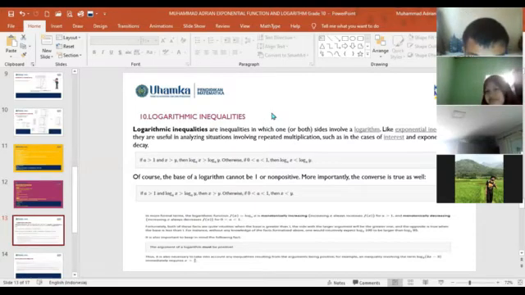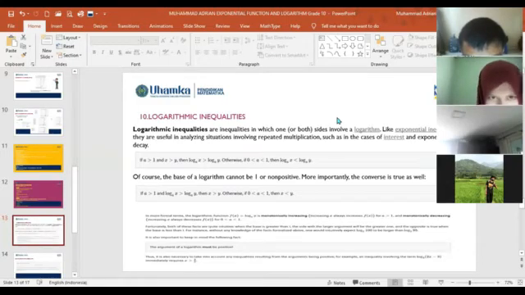Otherwise, if 0 is smaller than a, which is smaller than 1, then log a x is smaller than log a y. Of course, the base of the logarithm cannot be 1 or non-positive. More importantly, the converse is true as well.